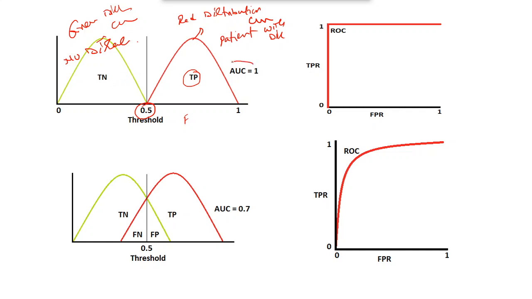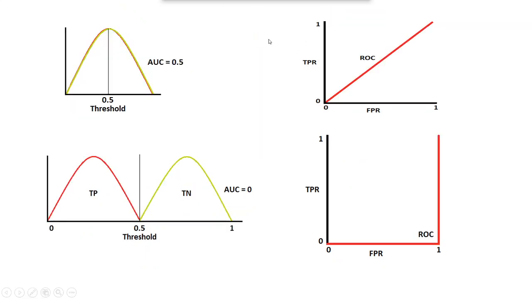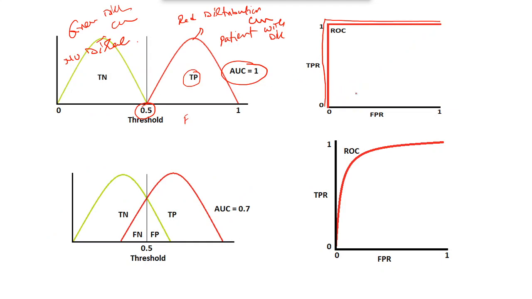the AUC value is 1, so the area under the curve is 1. At that moment this value will be 0, 0, and here the value will be 0 comma 1, where this is the false positive rate and this one is the true positive rate. So when it is a perfect classifier, the AUC is 1, the TPR is equal to 1 and the false positive rate is equal to 0.